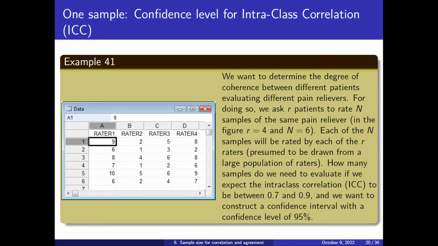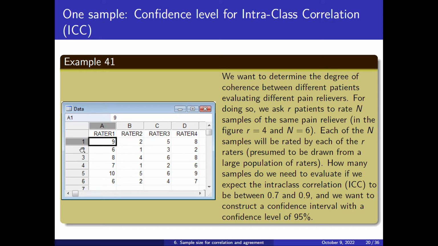Let's say that you are interested in determining the degree of coherence between different patients evaluating different pain relievers. To do so, you ask patients, so these raters are patients, to evaluate n samples of the same pain reliever.